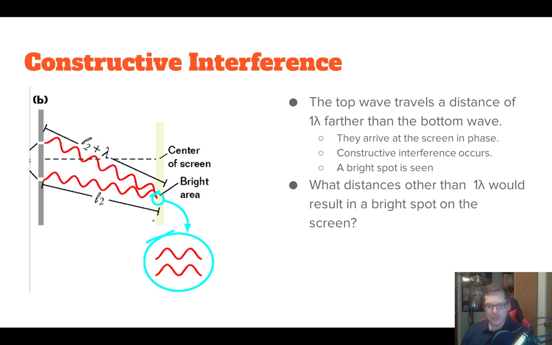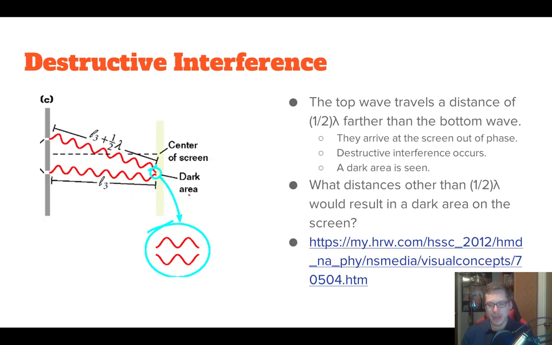We can use this to figure out what our wavelength was. Our bright spots would occur at L2 plus 2 wavelengths, and L2 plus 3 wavelengths, et cetera. Now the destructive interference occurs exactly halfway between those, so it would occur at the half wavelength.